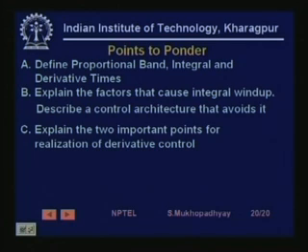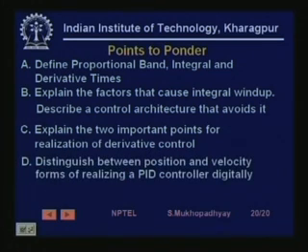And then we have seen that while you are implementing derivative control, you have to take care of 2 points such that you do not add unnecessary disturbances and shocks to the plant. So, what are they? And finally, we have seen that a PID controller may be realized in what is known as a position form and a velocity form.